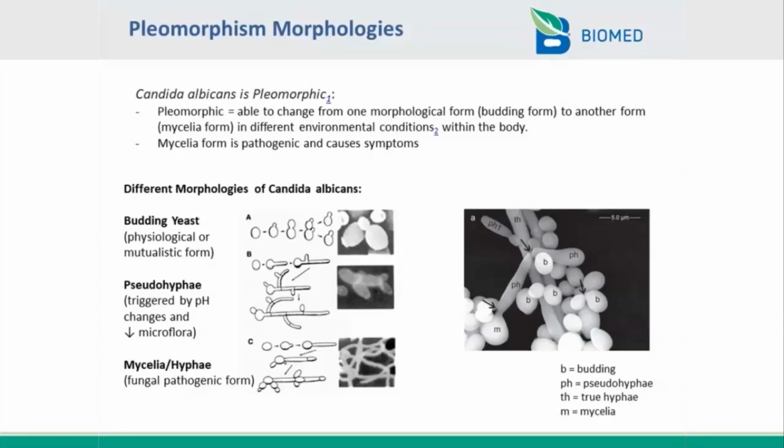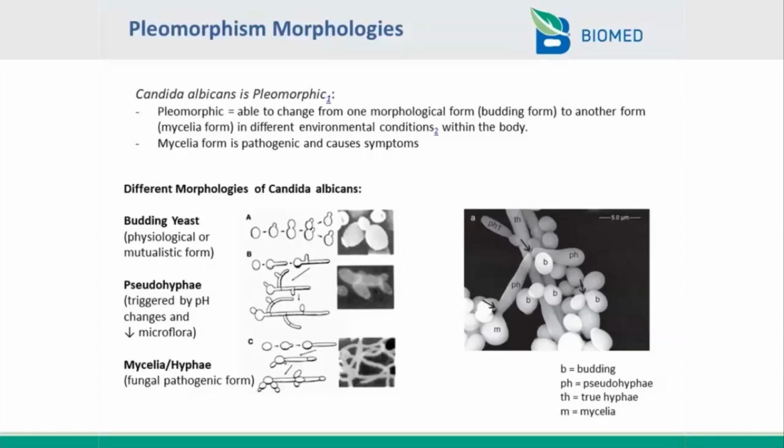When the environment within the body starts to shift, and usually it's when the pH starts to go out of balance or becomes more acidic or more alkaline, depending on the tissue of the body, then you start to see that the Candida needs to adapt to that, and it starts creating these pseudo-hyphae, which look kind of like legs or roots that come on. So they're triggered by changes in flora and fauna, by immune changes and pH changes. And then it can finally move into this mycelial or hyphae phase, and this is the pathogenic form.